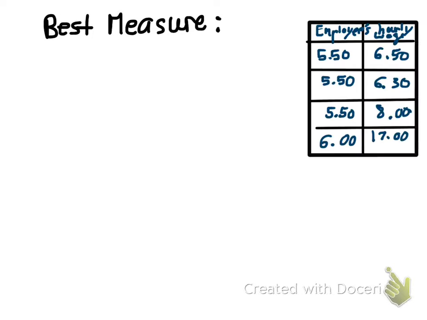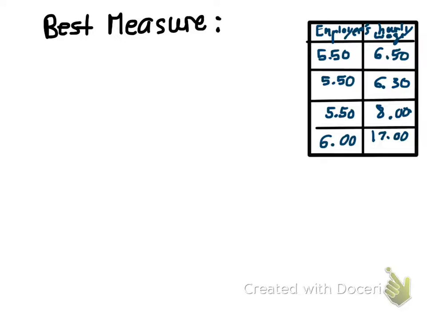All right, there's a list of the employees' hourly wages. So these are the rates that people earn each hour. There's $5.50 an hour, $6 an hour, $6.50, $6.30, $8, or $17. So let's look at the different measures of central tendency.